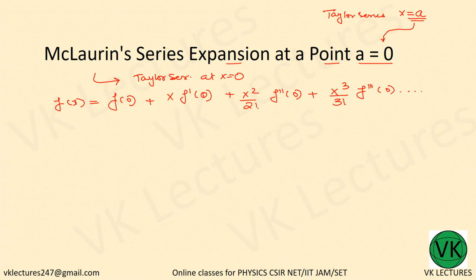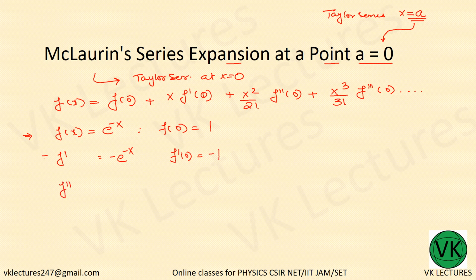Okay, now for example we will write, let the function f of x be equal to e to the power minus x. Now function is given, we need f of 0. f of 0 is equal to e to the power 0, that is 1. Now the first derivative f dash is equal to minus e to the power minus x, then f dash of 0 is again minus 1.